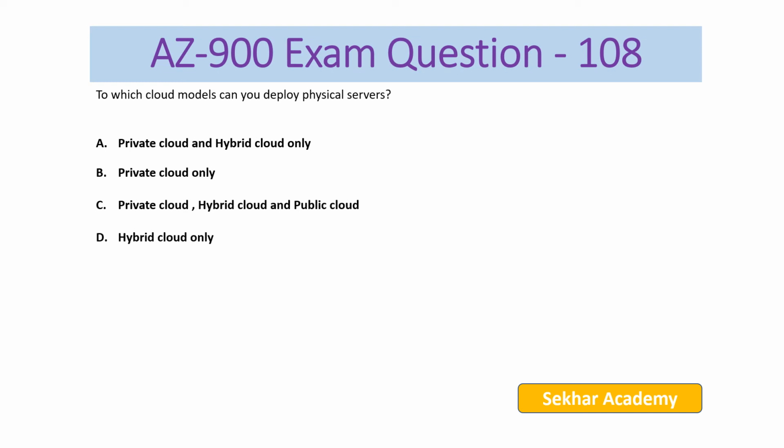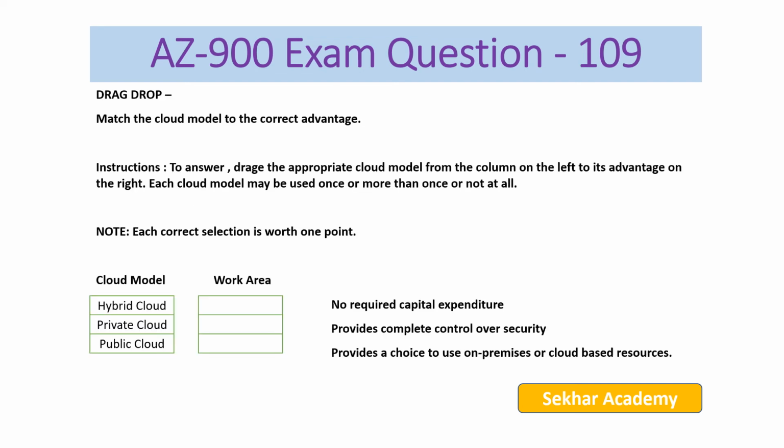Basically for physical servers, the right answer is A, private and hybrid cloud. These two are maintained and organized by the company. So the right answer is private cloud and hybrid cloud only.